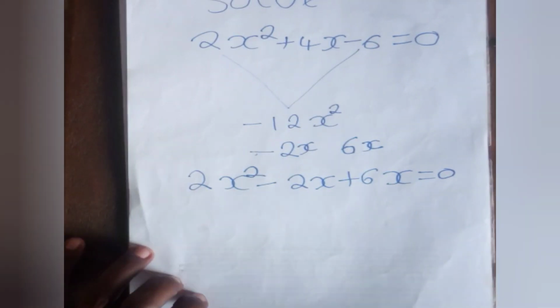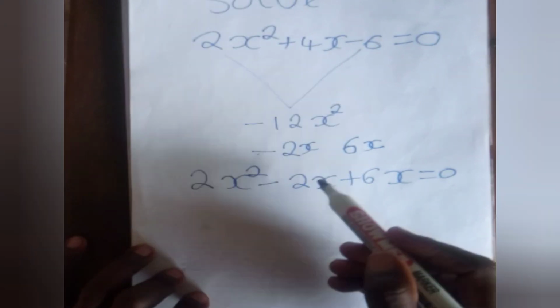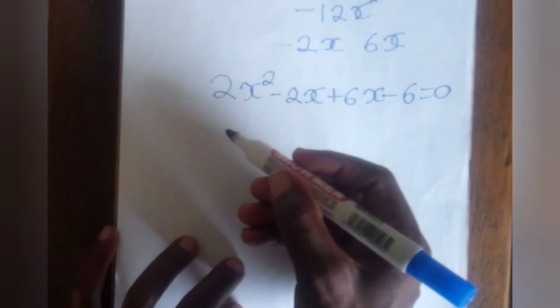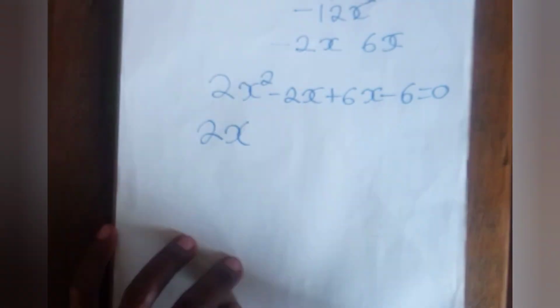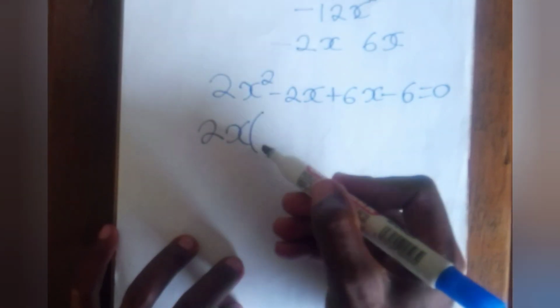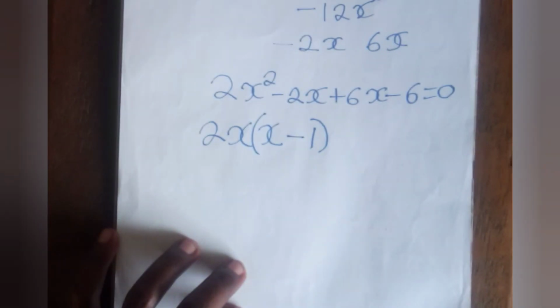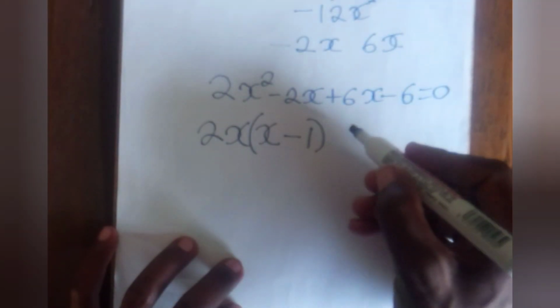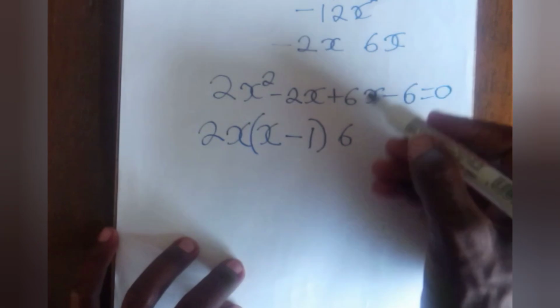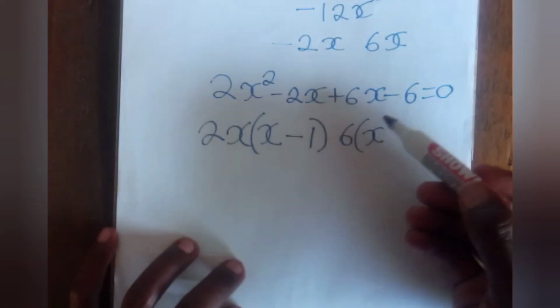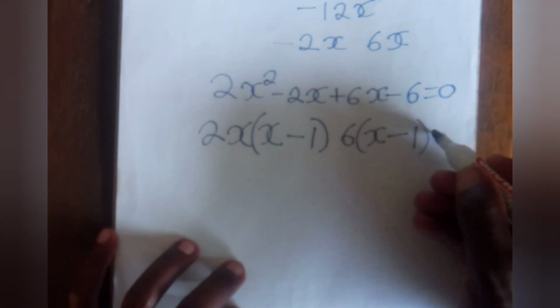Now we find a term which can go into this term and this term. That is 2x can go into 2x squared and leave x. Now 2x can go into -2x and leave -1. And then here we find 6 can go into 6x to leave x.